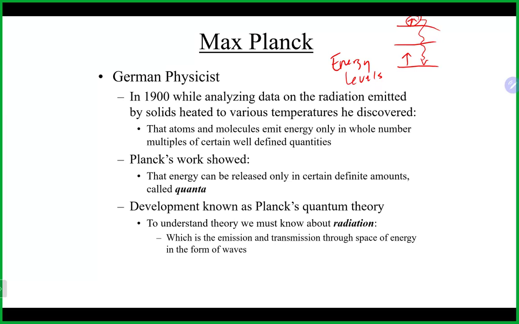Because of the law of conservation of energy, which means we don't create nor destroy energy, the only way for that electron to come back down to a lower state of energy is for the atom itself to give off that energy in the form of a photon of light.